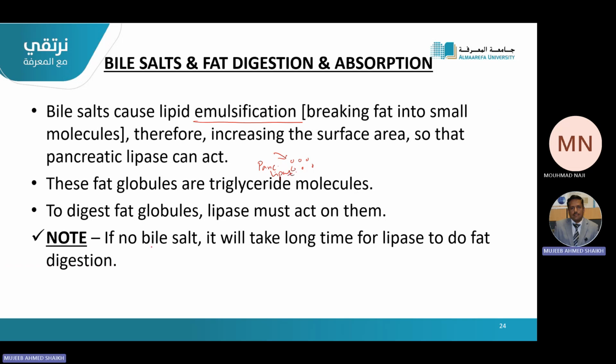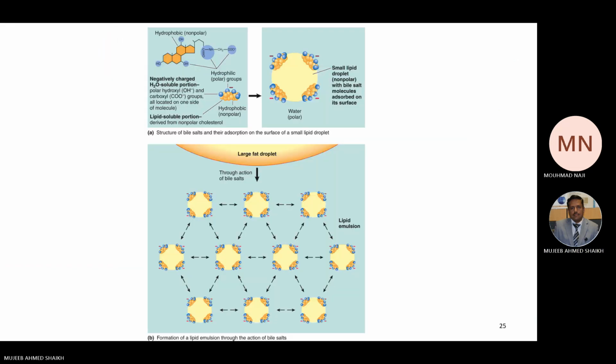If no bile salts are present, then it will take a long time for the lipase to do the fat digestion. Fat digestion is actually happening because of the pancreatic lipase. And if the fat molecule is bigger, this pancreatic lipase will not be able to perform its actual function in total.